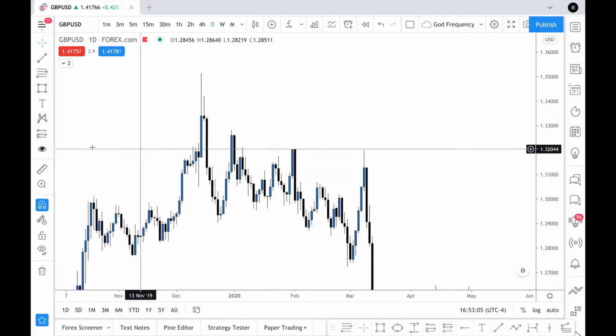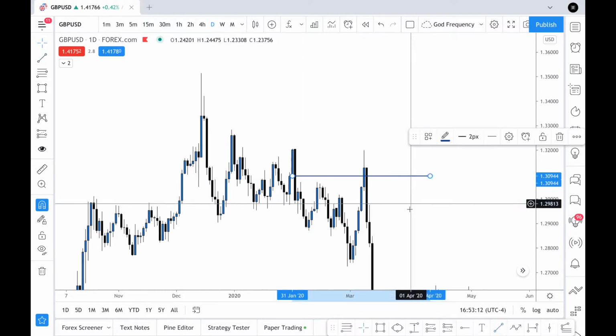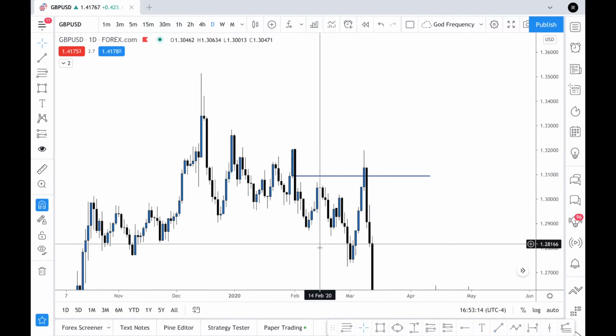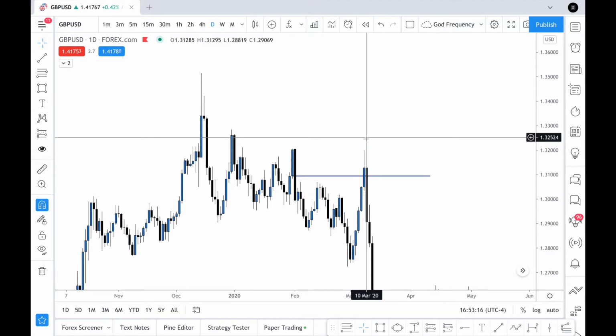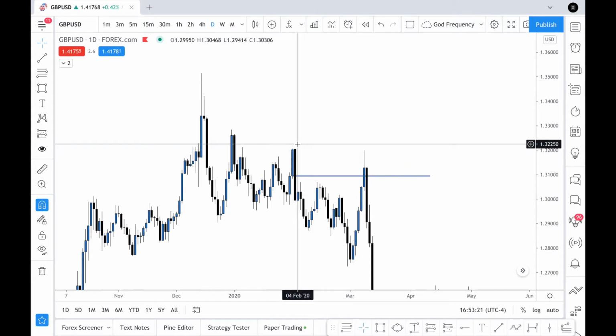Look at this move, okay? You have this order block, the last up candle before the down move. Price moves down, shoots up, gets through, and typically your stop loss placement is going to be above that order block. I say anywhere from 10 to 20 pips above that order block to give you a safe stop loss.